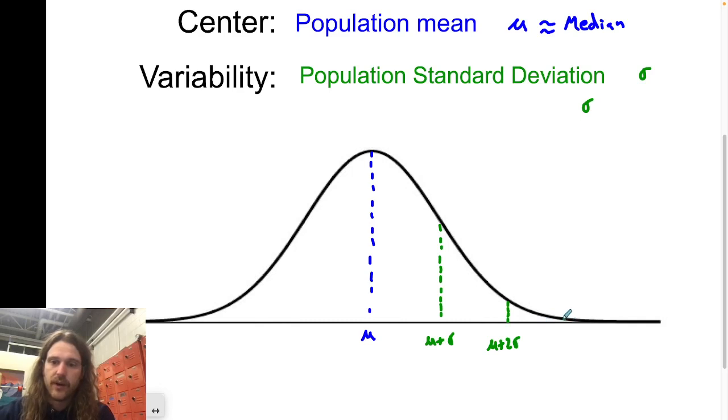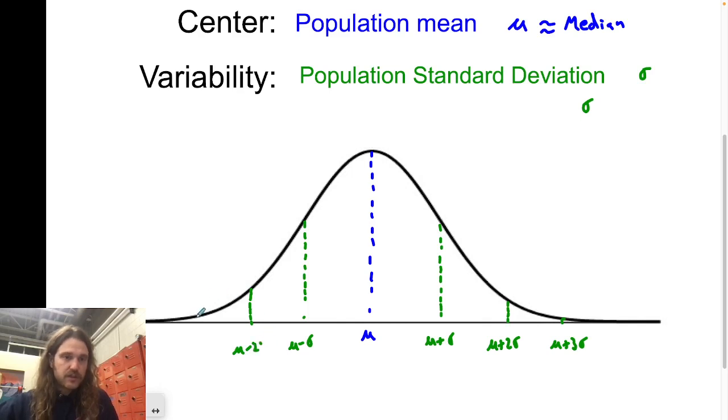Going even further, I've maybe made this a little too wide, but that's okay, this is mu plus 3 standard deviations. The same pattern occurs if I go to the left. Down here is mu minus 1 standard deviation, down one more is mu minus 2 standard deviations, and down one more is mu minus 3 standard deviations.